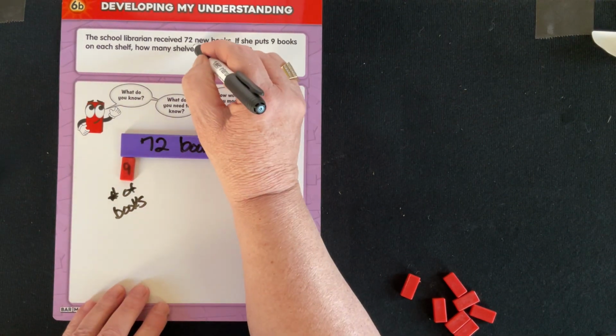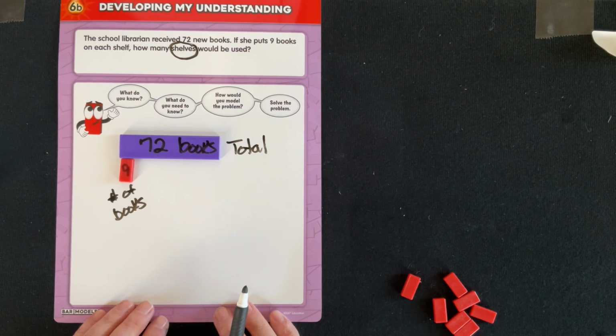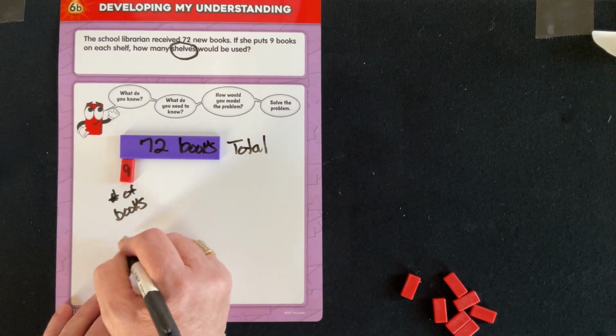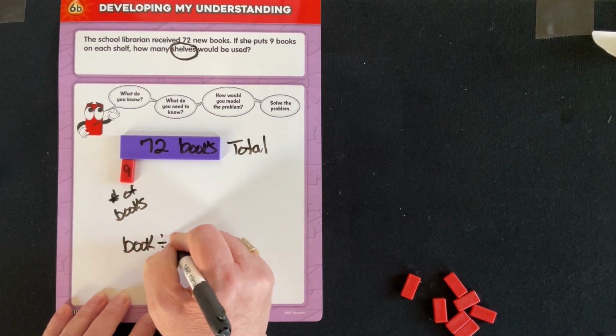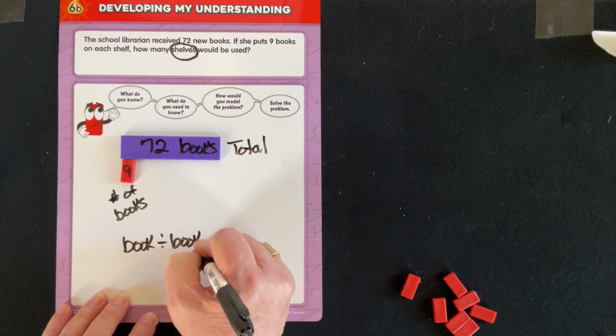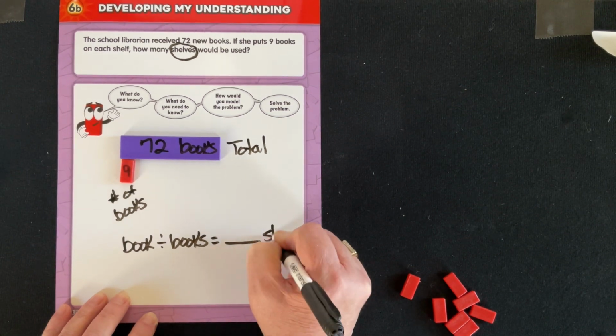The question says how many shelves would be used. So I want you to think about this. You've got books being divided by books, but your answer is going to be shelves.